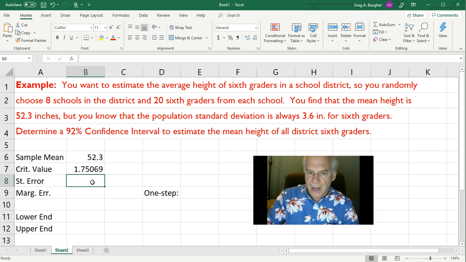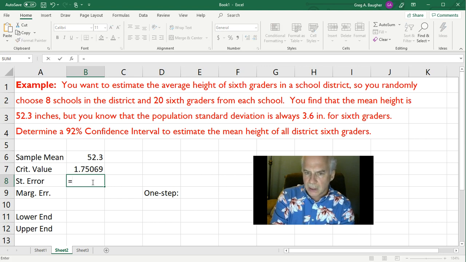Now your standard error will be the population standard deviation divided by the square root of n. So you'll go equals the 3.6 divided by SQRT of the sample size. Now, how many are in the sample size?